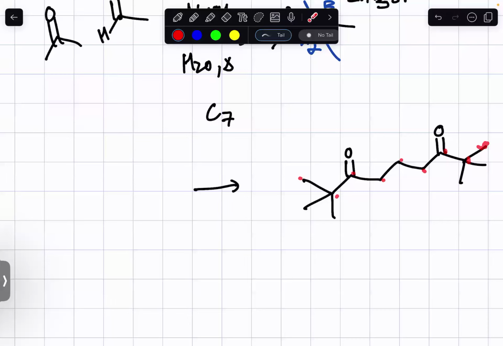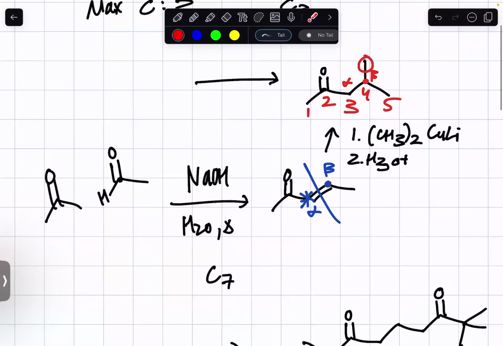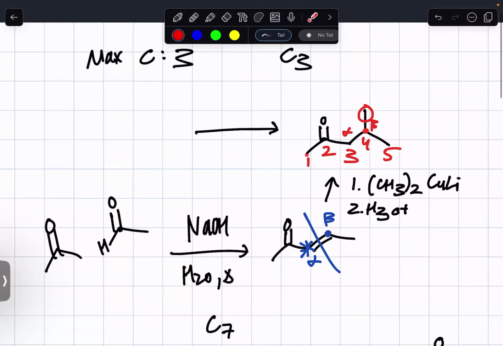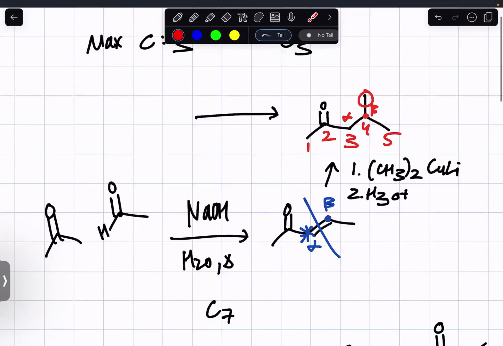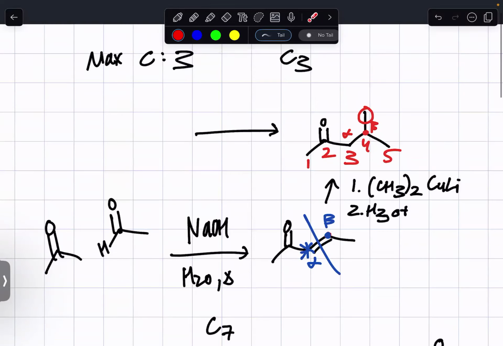Wait, what was the reasoning for counting the longest chain? I don't know. When he would say the limit of the carbons, he would also include the number of carbons total. So I don't know what the reason behind that was, but for the last example, this is the longest chain, 1, 2, 3, 4, 5, and then the limit was 3. Right. Maybe it's a way to figure out where you can cleave it, but I don't know.